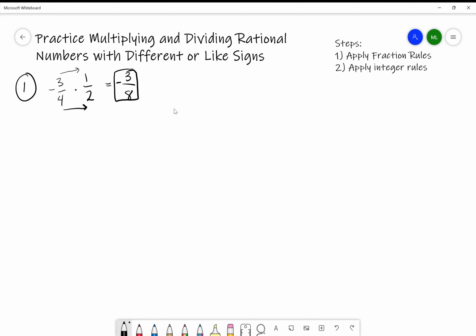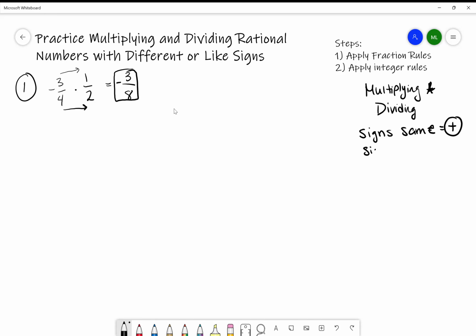Alright, so before I move on, I just want to write to the side, add on to my steps over here. Whenever you're multiplying and dividing integers, let's recap. Multiplying and dividing, if the signs are the same, you have a positive number.